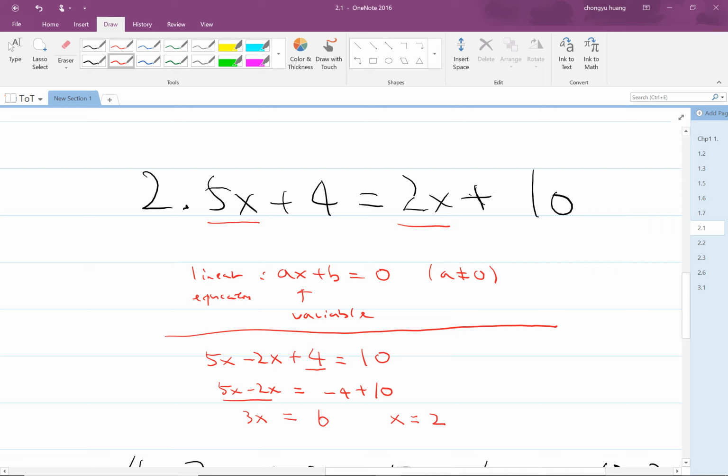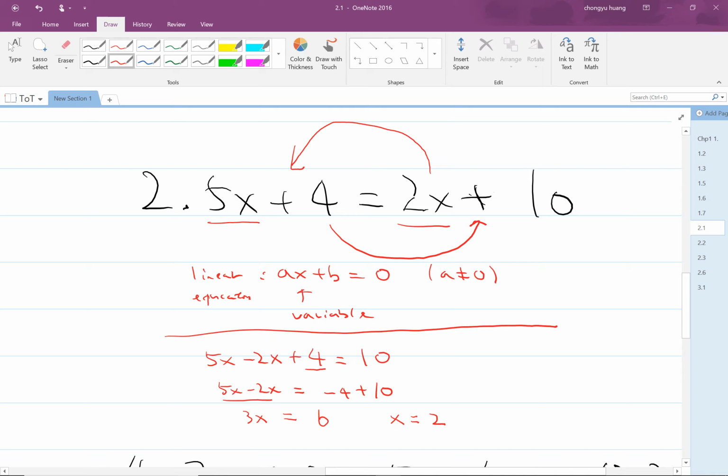That is usually the way you solve a linear equation. You are trying to move the x terms to one side and the integers to the other side. That's what we do over here.